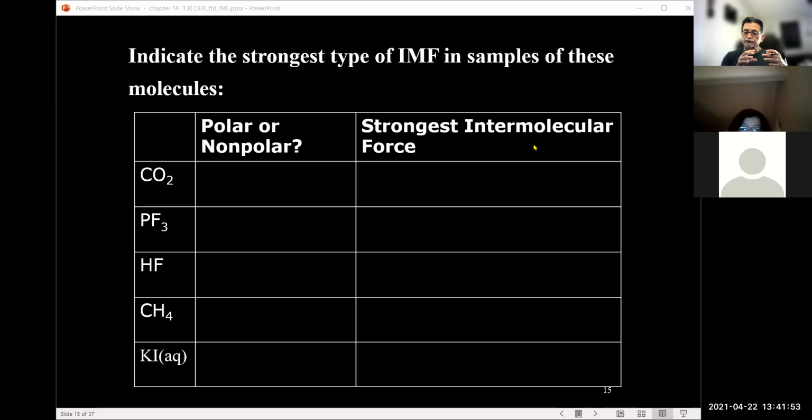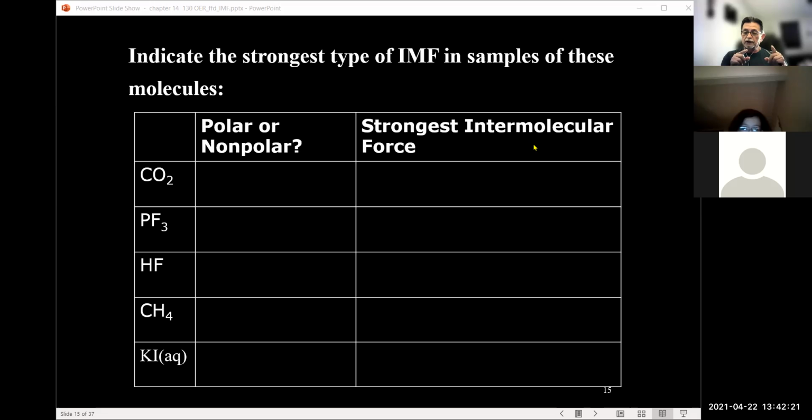Remember the criteria to determine whether a molecule is polar. If a compound has all nonpolar bonds, then it's nonpolar, right? Pretty straightforward. If a compound has polar bonds and they do not cancel out each other, then you have a polar species.